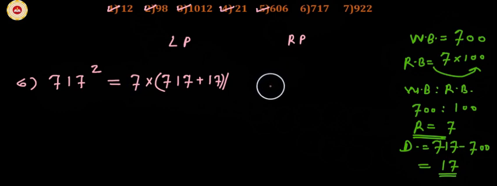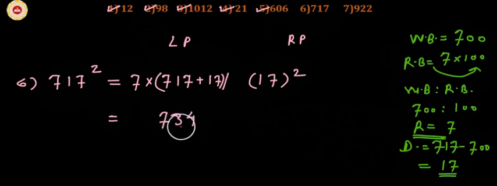What is the right part? Deviation squared. What is the deviation? 17. Square 17 and write in the right part. Now let us calculate further. 717 plus 17 is 734. 734 multiplied by 7 is the left part. What is the right part? 17 squared. What is 17 squared? It is 289.